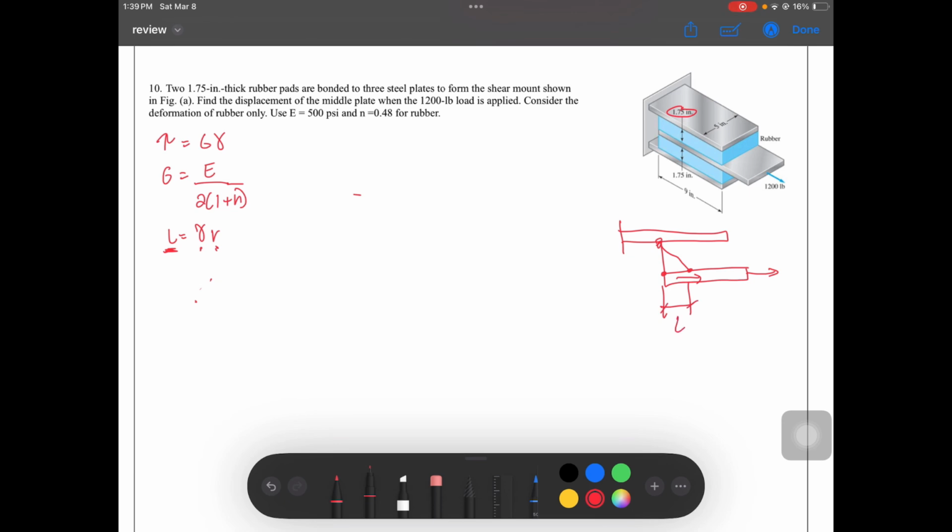And how would you draw itong diagram nito? This is your R. And then this is the gamma. So, R natin is 1.75 inches. Kaso, wala pa tayong gamma. So, let's find gamma. Meron tayong equation ni gamma dito.